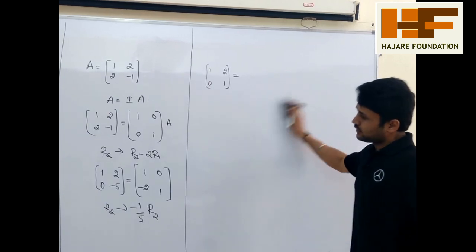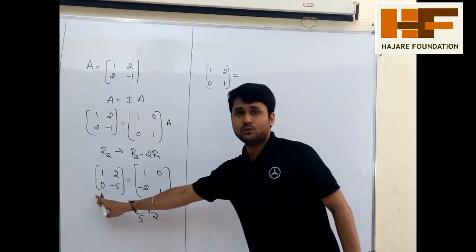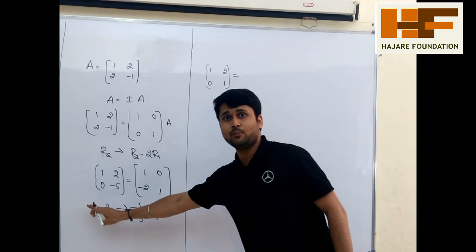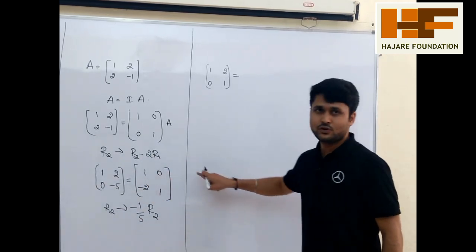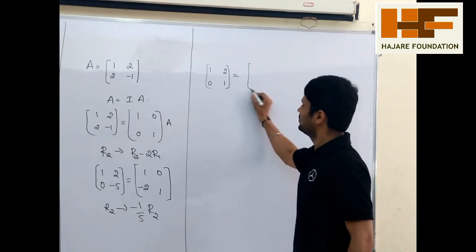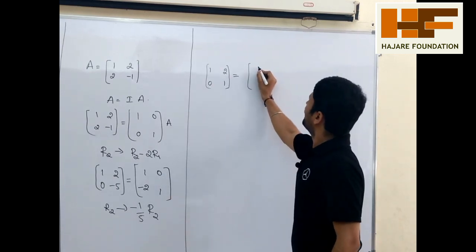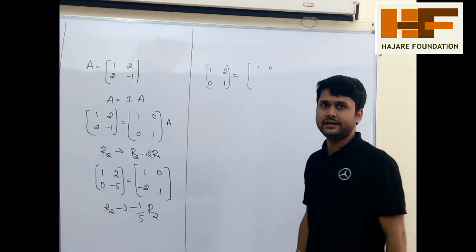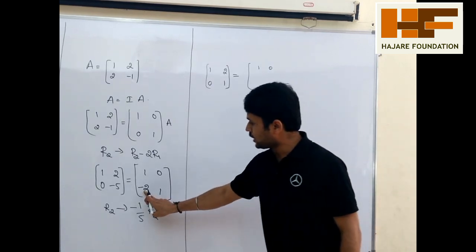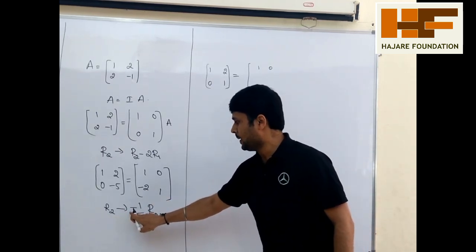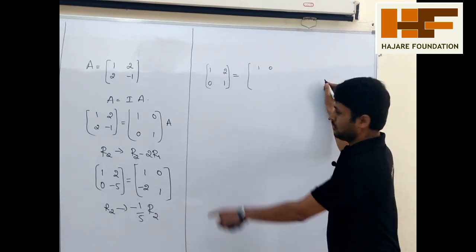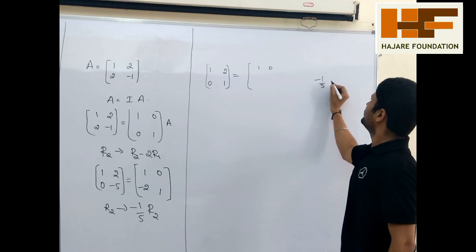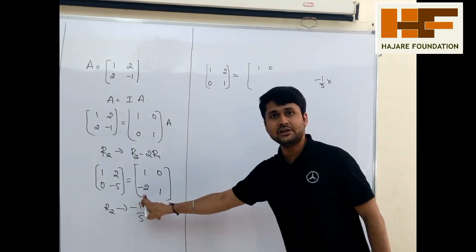Next, whatever operation we have done on the LHS side, the same operations we have to do on the RHS. See here, write the first row as it is. What is our first row? 1, 0. Right, as it is. Next, R2 changes to minus 1 by 5 into R2. Write down minus 1 by 5 into, what is the R2 element here?